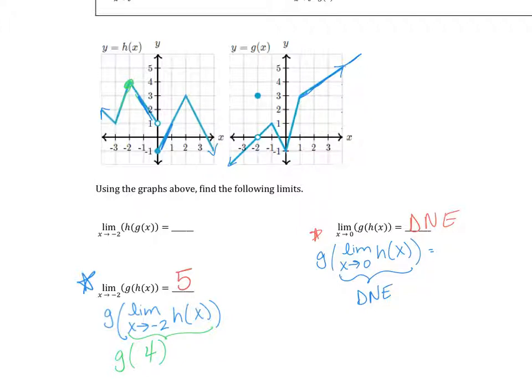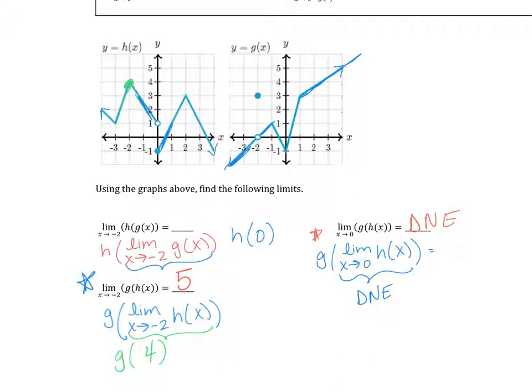And then we have this last one. I'm going to take h of the limit as x approaches -2 of g of x. Does this limit exist? Yep, because on the g graph, my limit from the left and the right, I'm approaching the same value, and I find h of 0.